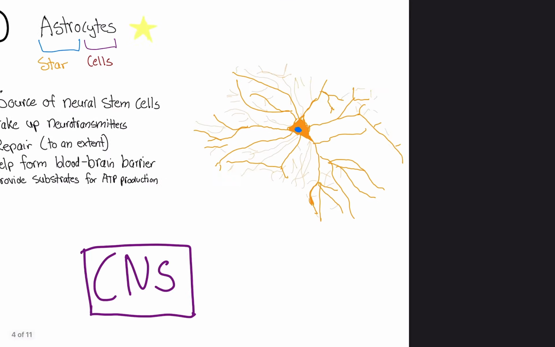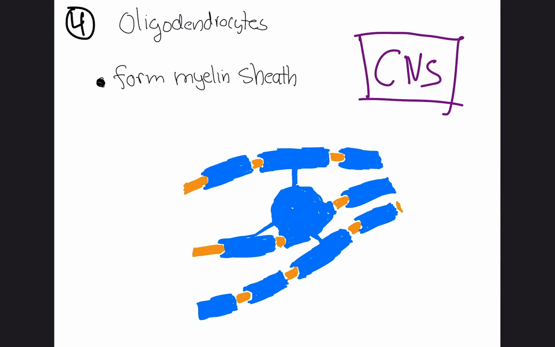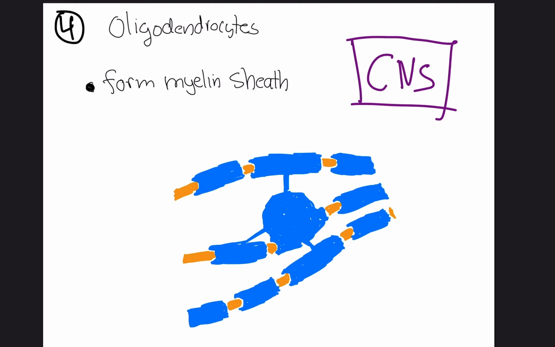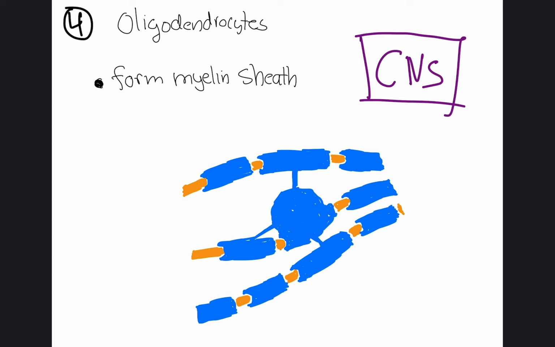It's only located in the CNS. So people who have myelin sheath degeneration have difficulty walking, because the electrical signal takes a long time to get to the legs or the brain. There's a delay, and that's why it's hard for people with this disease to walk.